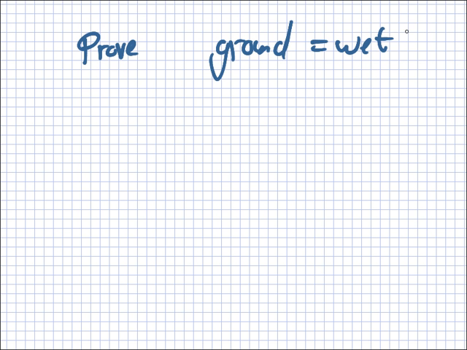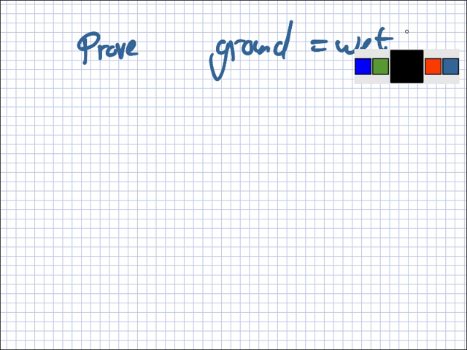I'm going to pick a silly example, just to make it clear. I want to say prove that the ground is wet, for example. This is a little bit like I want to prove it's negative or whatever it is.